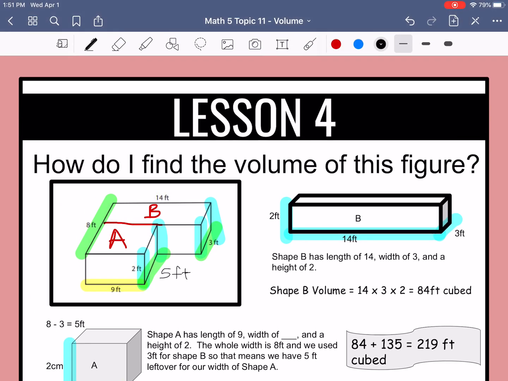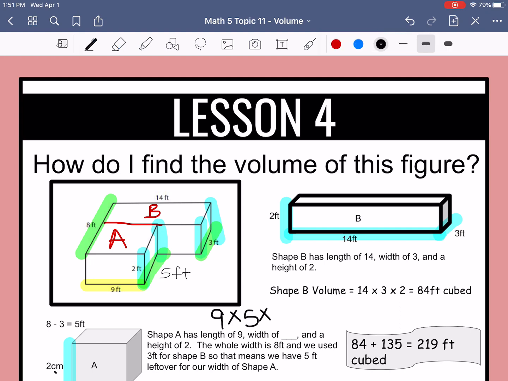So let's get a pencil and correct this. All right, so that means that right here we have 9 times 5, we found that was the width, times, now instead of 2, oh, that is a 2, sorry.